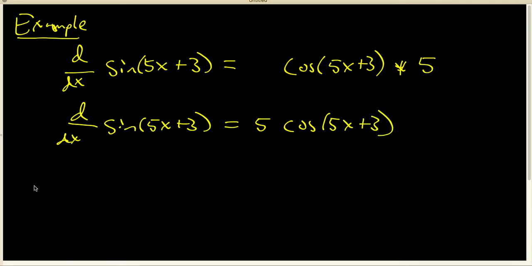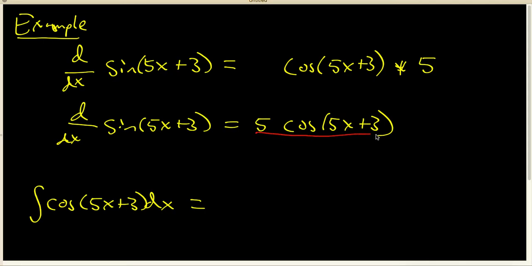Now, suppose I wanted to find an antiderivative for the cosine of 5x plus 3. I want to think in terms of the equation that we're looking at. I can divide both sides of this equation by 5.